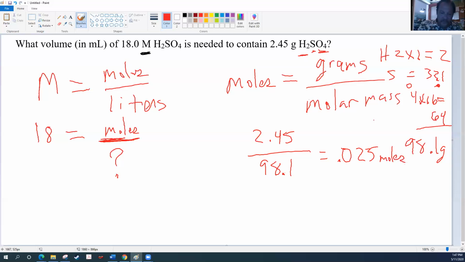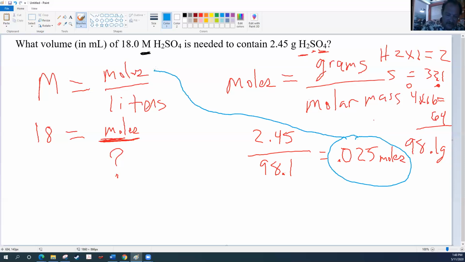So now this guy here, we're going to shove up into there. And so now our formula is going to look like 18 equals 0.025 divided by liters, which we don't know.